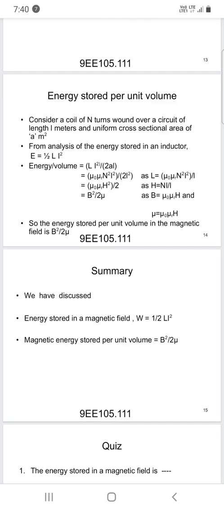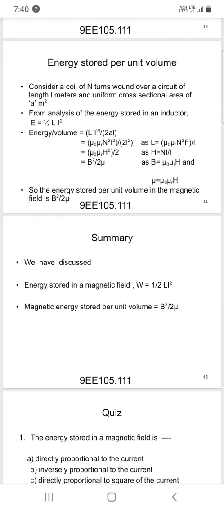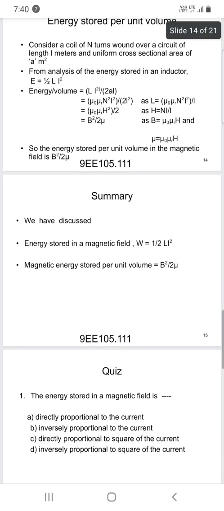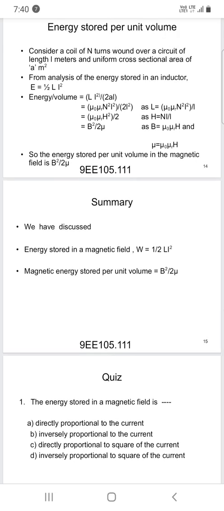From the analysis of energy stored in inductors, E equal to half L I square. So the energy stored per unit volume is half L I square divided by A into l, where l is the length, A is the area of cross section, and capital L is the inductance of the conductor.